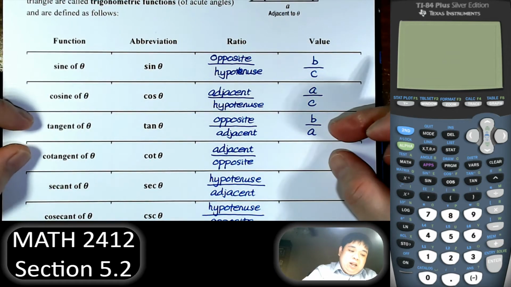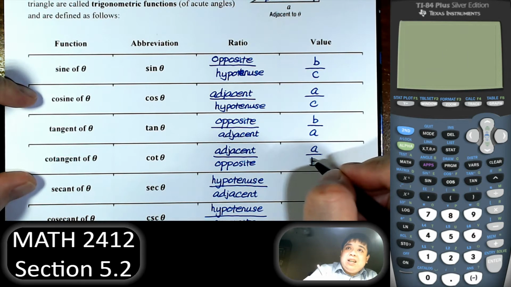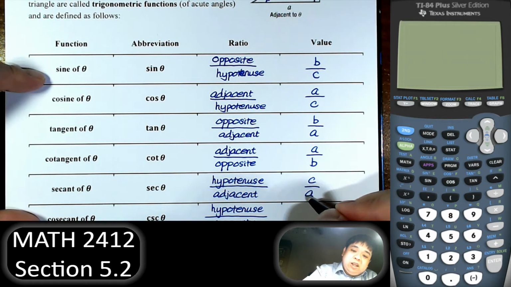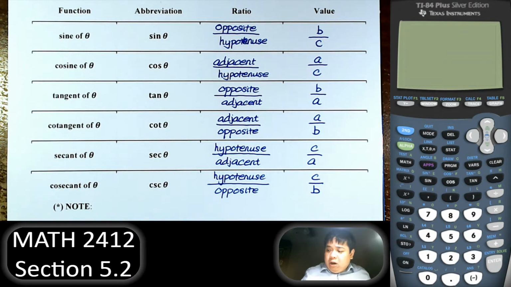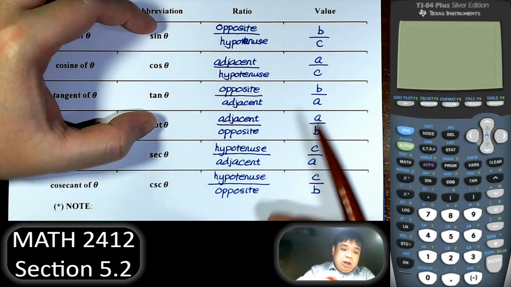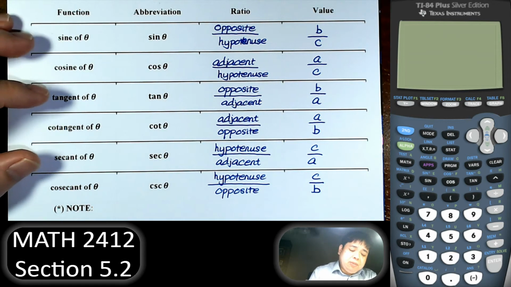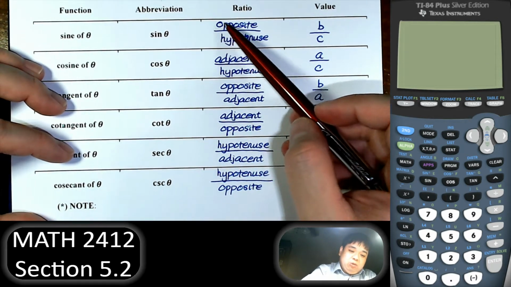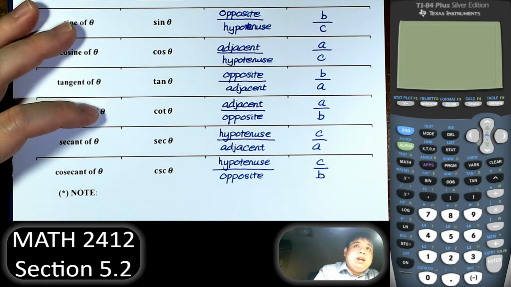Then we just flip them for the reciprocals. Pretty much all we need to know are the 3 ratios, and the other 3 are reciprocals. If you look online, there are a bunch of different ways to memorize this, and of course I'm going to write a few of them here.